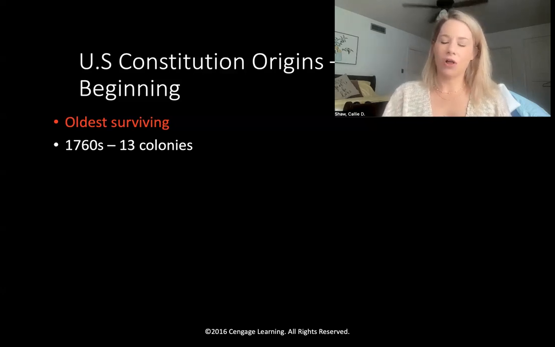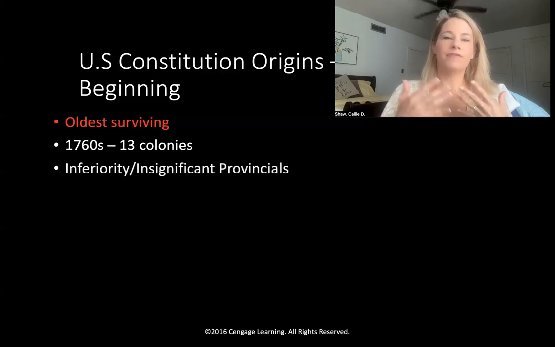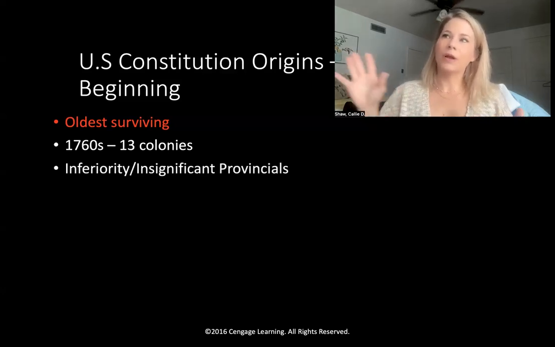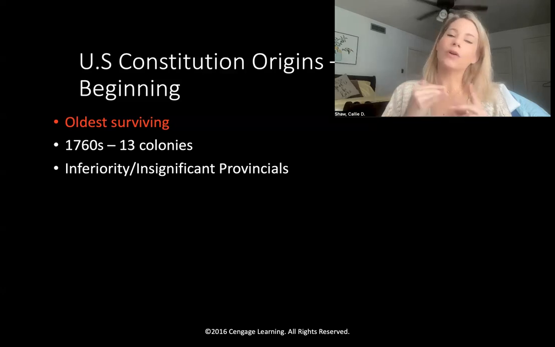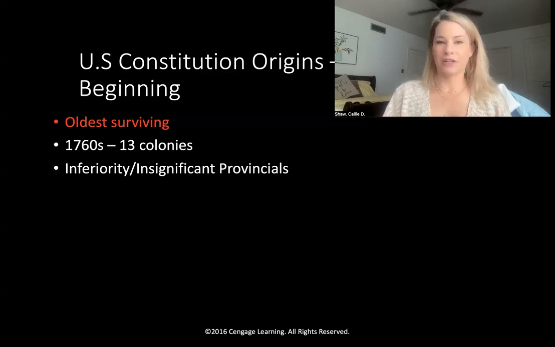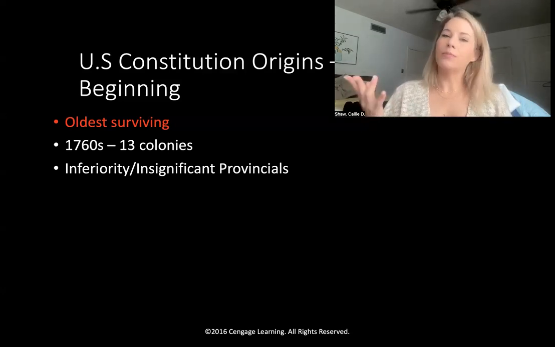And these 13 colonies were considered inferior. And Great Britain kind of looked at the American colonies as, oh, that's cute. They're cute. But no matter what the people achieved, what they created, what they maintained in the colonies, they were never going to be looked at as anything more than insignificant provincials. Because remember, Great Britain was what?